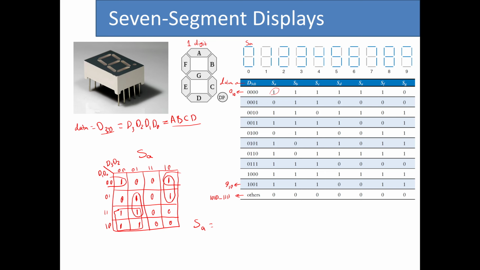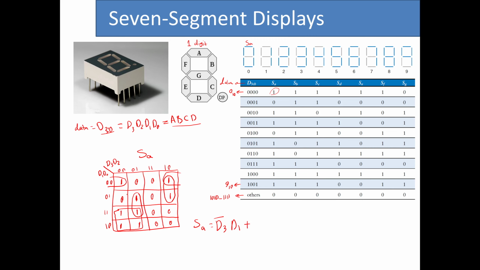In this one, the value for D3 is always 0, so we have D3 bar. The value for D2 is both 0 and 1, so I don't include it. The value for D1 is always 1, so I have D1, and the value for D0 is 1 and 0, so I don't have to include it.